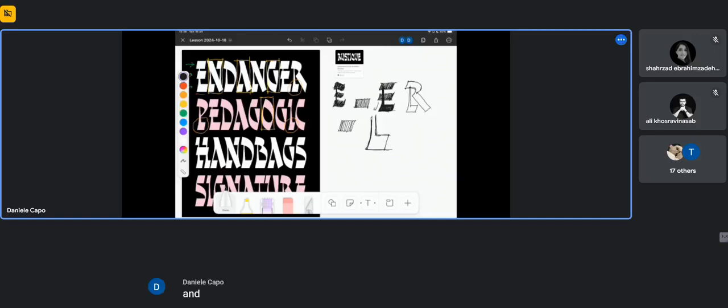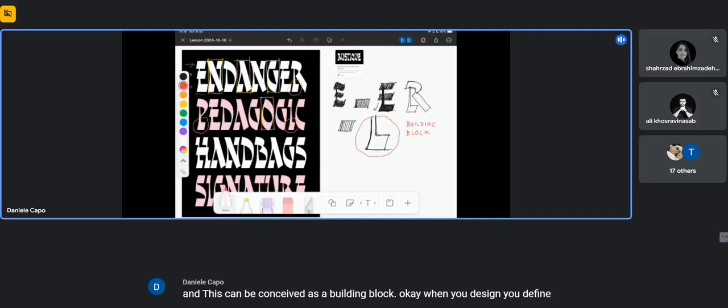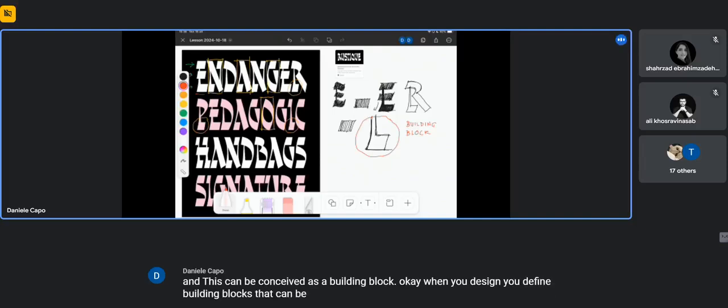And this can be conceived as a building block. When you design, you define building blocks that can be used over and over again in your letters.